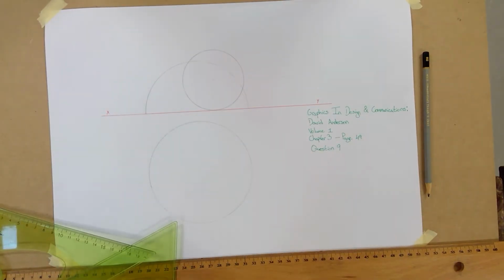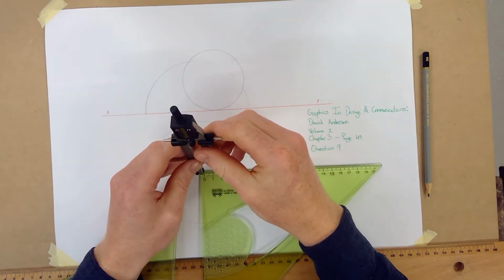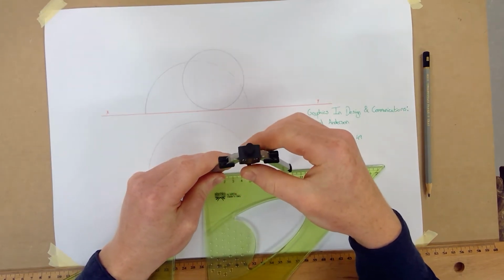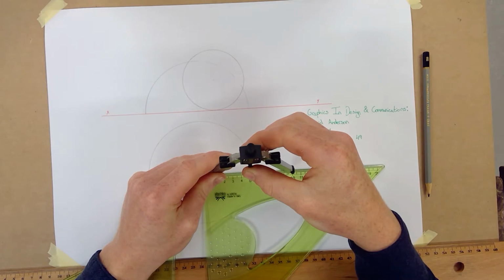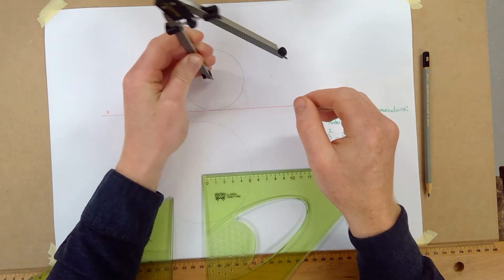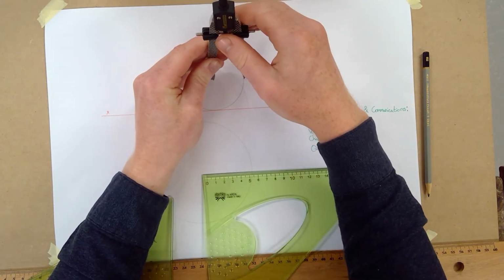So 96, so this is going to have to go here. 96. So I added the two radiuses. I can get the radius of this sphere again and draw it in its temporary position.